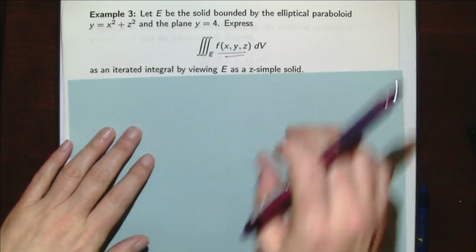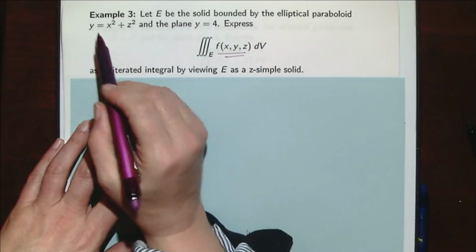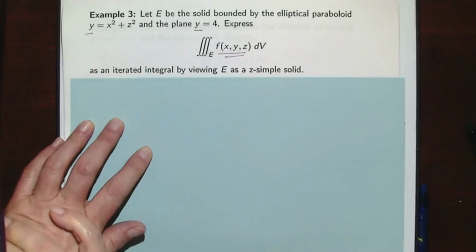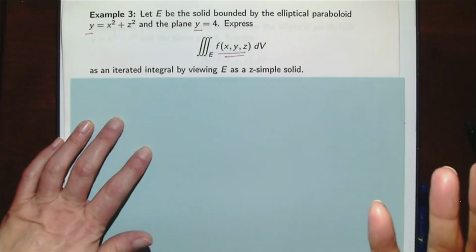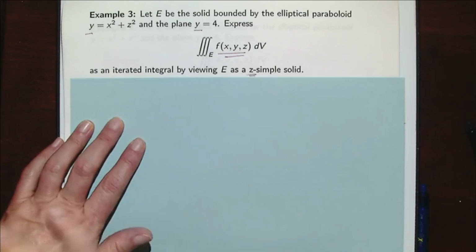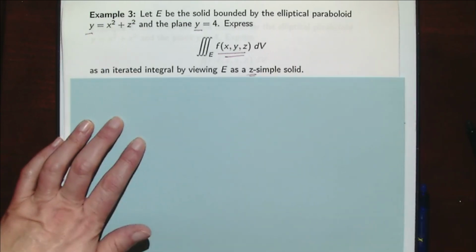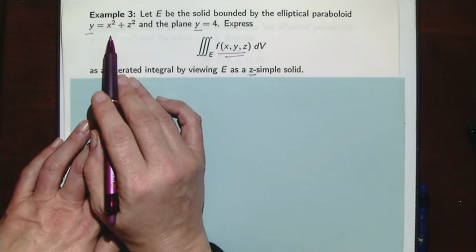So in here, I want to set this up, and I look at the functions. I see a y equal to and a y equal to. That could actually work for me as a simple region, but the problem is asking as z simple. So z must be a simple region also. But that is more complicated. Where do you see z in this equation?